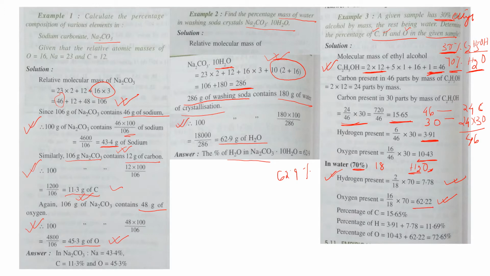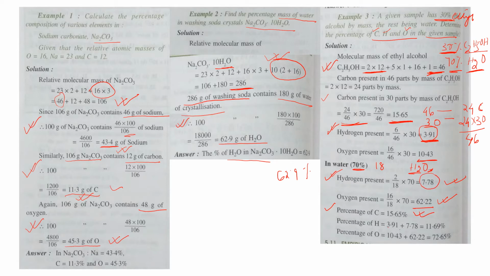Now the total percentage of carbon, hydrogen and oxygen you have to find out. So percentage of carbon only we are getting in ethyl alcohol. That is we are getting 15.65. So it is total 15.65%. Now percentage of hydrogen here also, from ethyl alcohol also I am getting something. For ethyl alcohol it is 3.91 and for water it is 7.78.